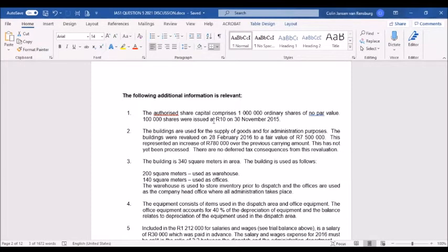I must learn that sometime. But that 30th of November 2015 falls within your 2016 financial year. Remember, your 2016 financial year starts on the 1st of March 2015 and it ends on the 28th of February 2016. So during the course of this financial year, 100,000 shares were issued at 10 rands per share.